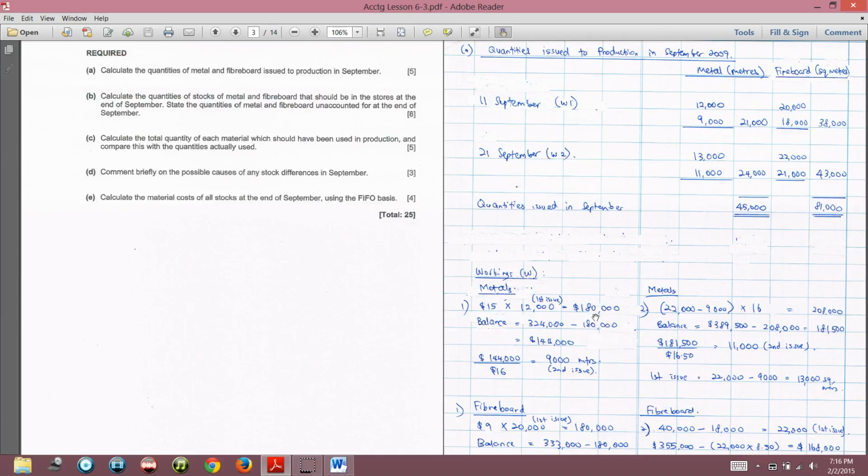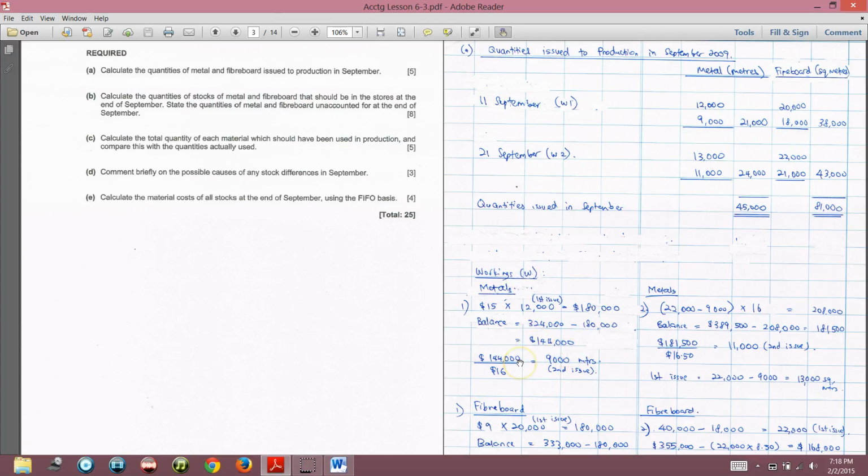Note 6 of the question says that on 11 September, 324,000 of metal went to production. So that means the balance, 324,000 minus 180,000, which is the cost of the opening stock of metal that went out to production, will give you 144,000.